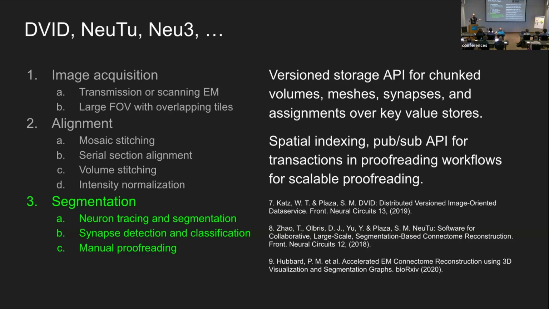Google had trained a segmentation method that they called flood-filling networks, which generated very high quality segmentations, but you still need proofreading. The FlyEM team built around this setup a set of tools that consisted of a data access API, DVID, and several different tools to do proofreading operations.